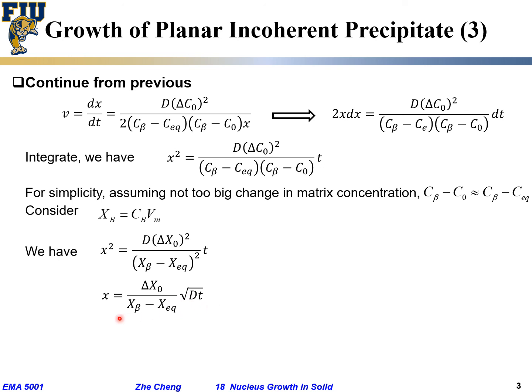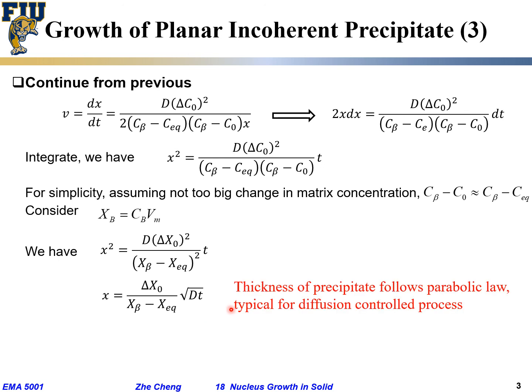So what this essentially tells us is that the interface location with respect to time follows a parabolic law, or in another way, the thickness of the precipitate during the growth process follows a parabolic law, which is typical for a diffusion controlled process, which is the assumption that we made in the beginning.